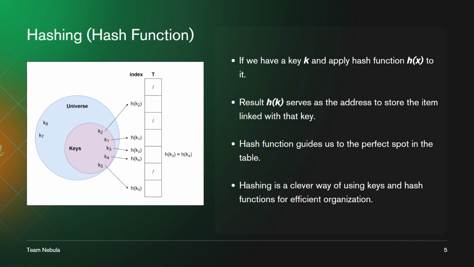In other words, if we have a key called k and we apply the hash function h(x) to it, the result h(k) is like the address where we will keep the item linked with that key. It's like the hash function is guiding us to the perfect spot in our special table. So, hashing is the clever way of using keys and a hash function to quickly find the right place to store our stuff in our organized table.